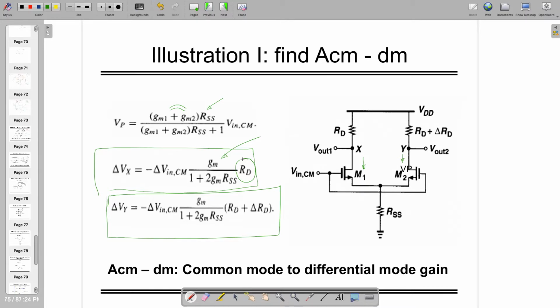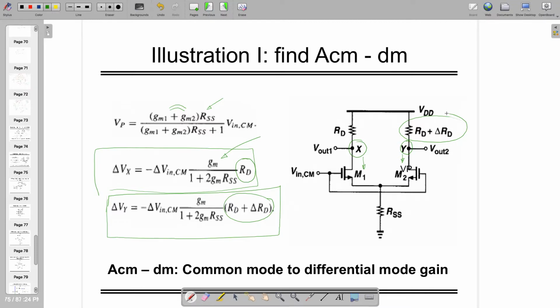right? So when you're doing this, you have two different values at this node and this node. They have to be subtracted, right? So such kind of situation, where the input is input common mode and the signals which are available are actually differential because of the presence of mismatch.